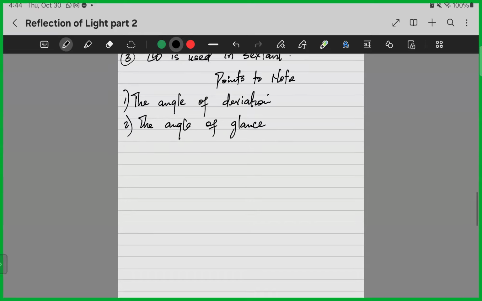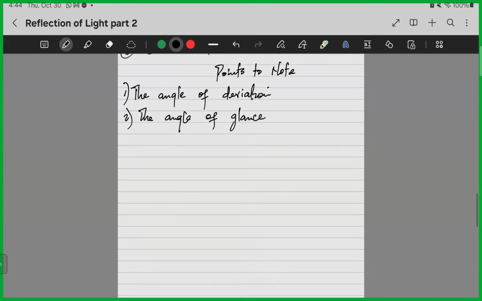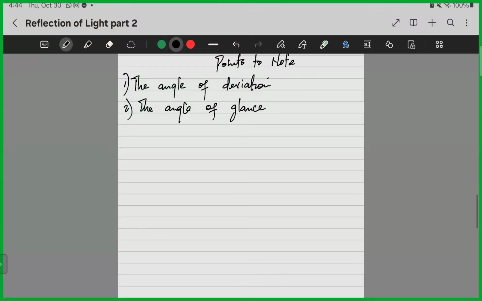The angle of deviation is always equal to 180 minus 2i.